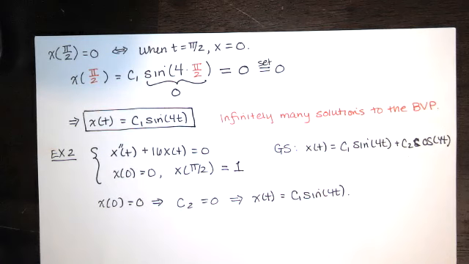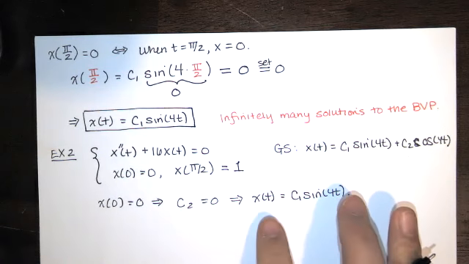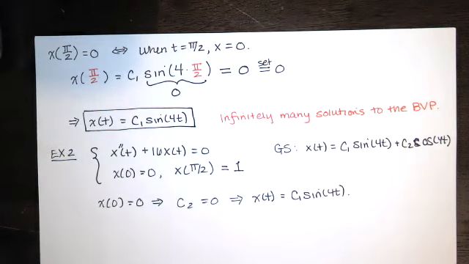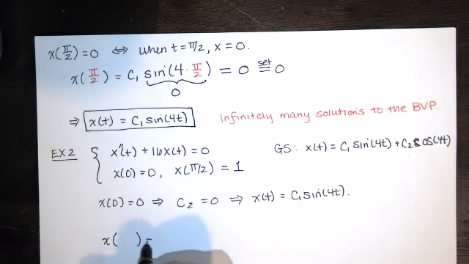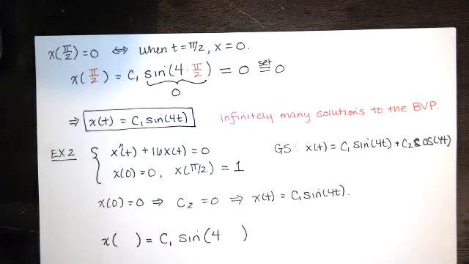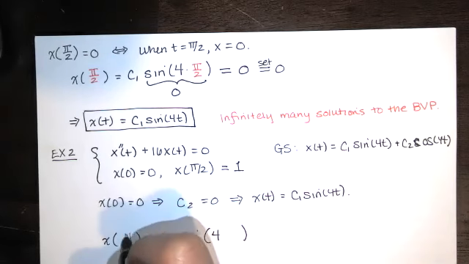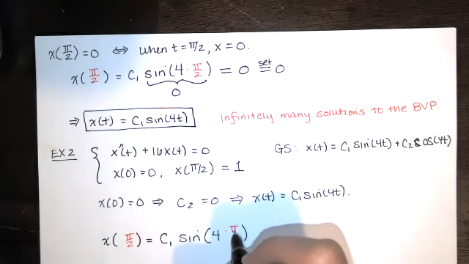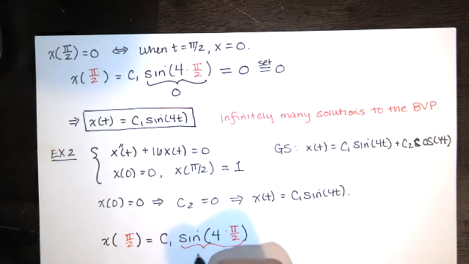Now we'd like to find the value of that constant, but we also know what happened when we plugged in pi over 2. When we evaluate this function at pi over 2, remember what we got? We got 0. This is sine of 2 pi, and sine of 2 pi is 0.